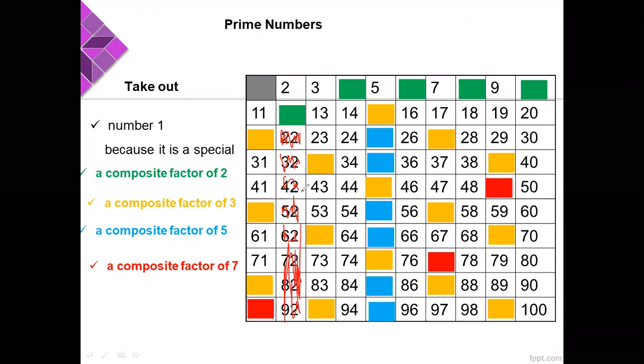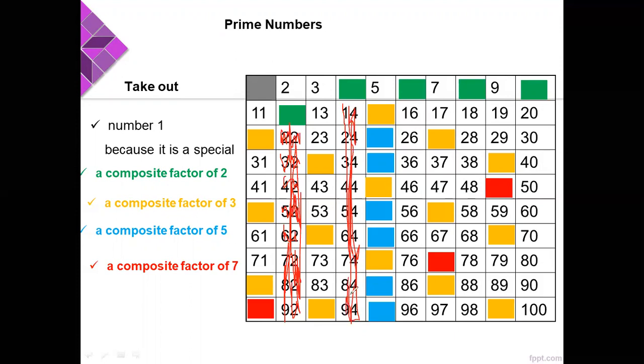All these numbers are multiples of 2, so we can't take them. What about multiples of 4? Multiples of 4 are not prime numbers. All of these are not prime numbers.